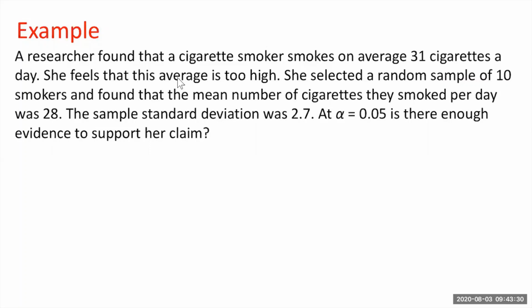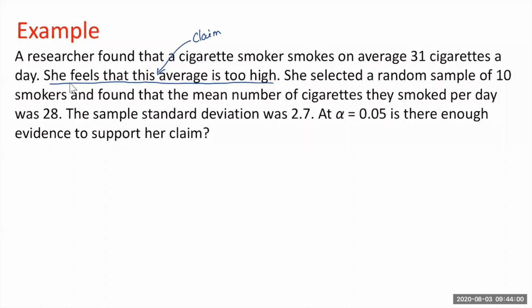And she feels that this average is too high. Somebody is smoking 31 cigarettes on average. She thinks that this is too high. So that's her claim. In order to test this claim, she feels that this average is too high. This is your claim.